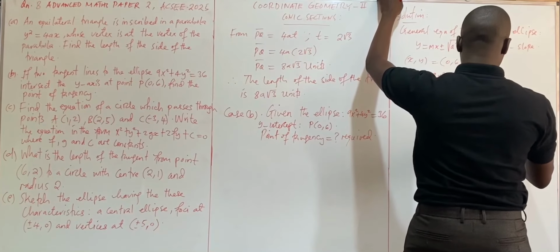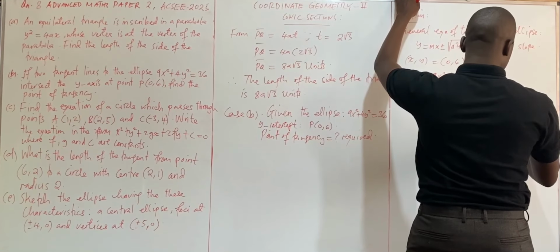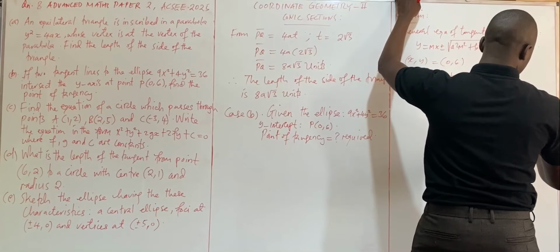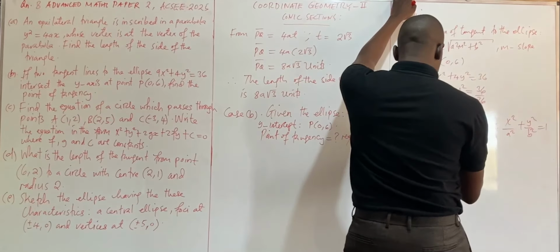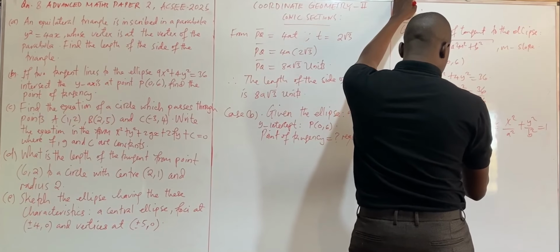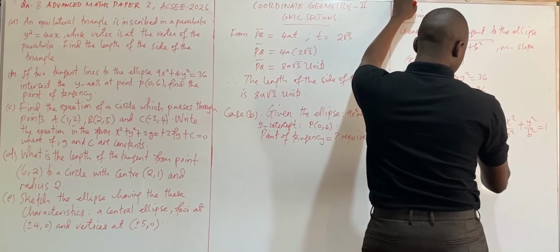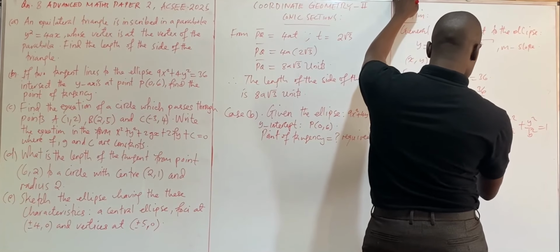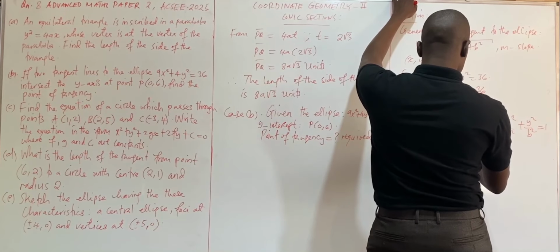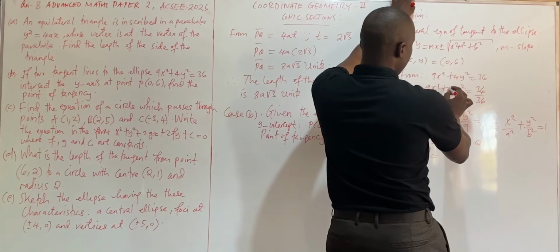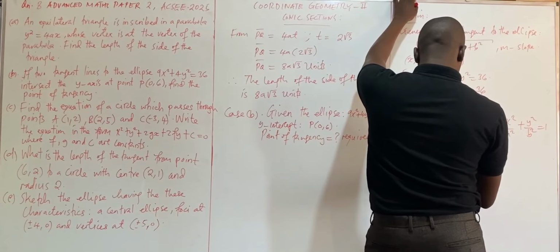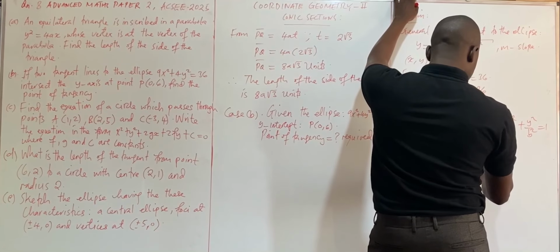Comparing with the general form, x squared over a squared plus y squared over b squared equals 1, it means a squared equals 4, that means a equals 2. And b squared equals, sorry, here is 9, because when you divide 36 by 4, we get 9. So b squared equals 9, that means b equals 3.